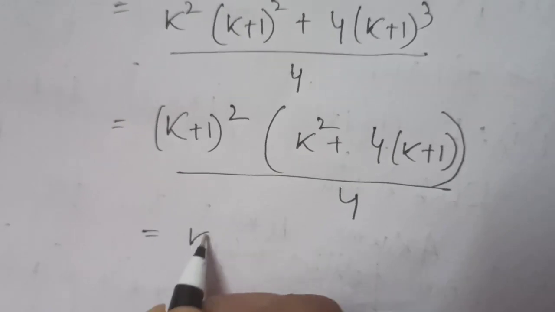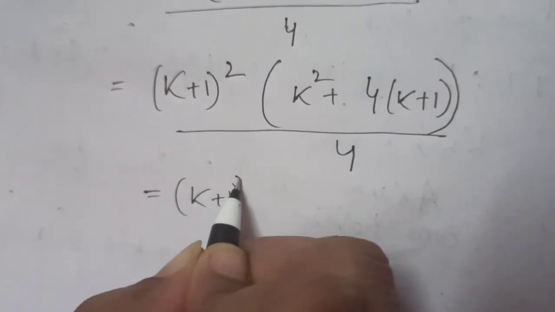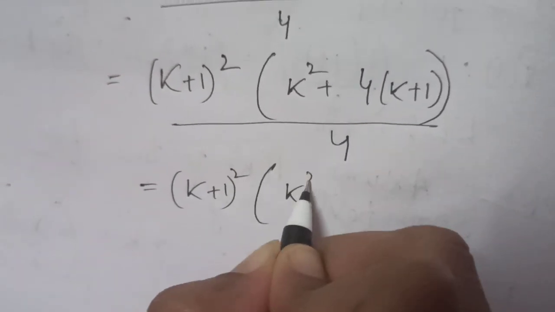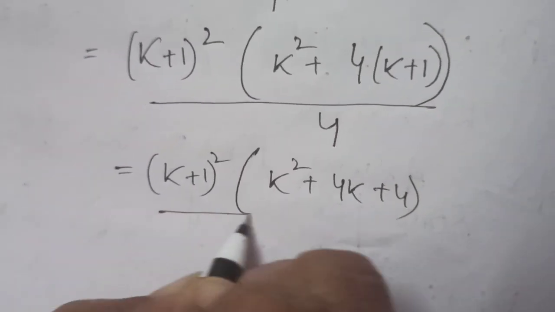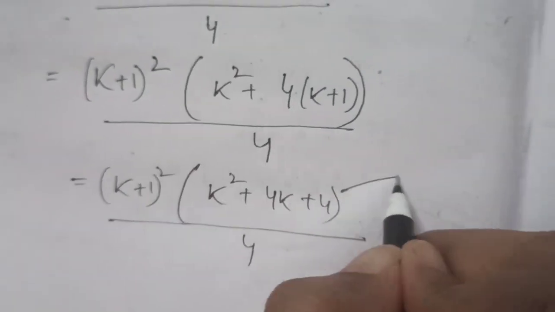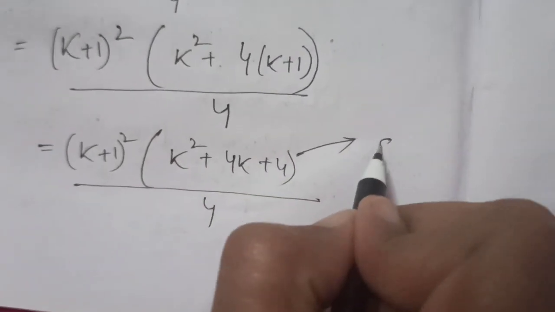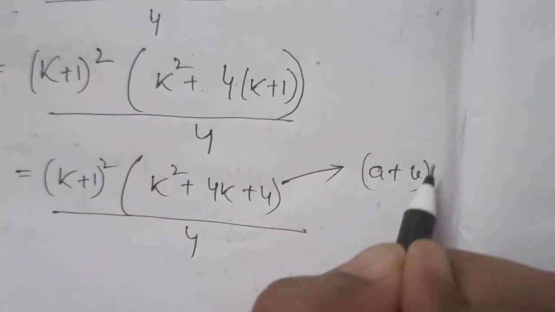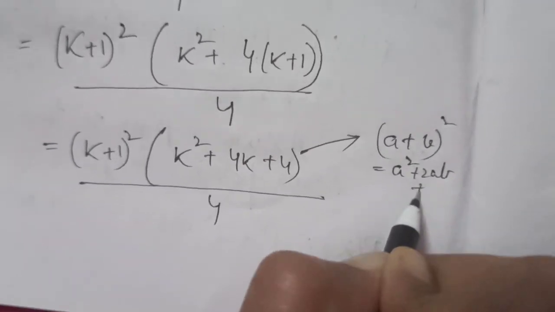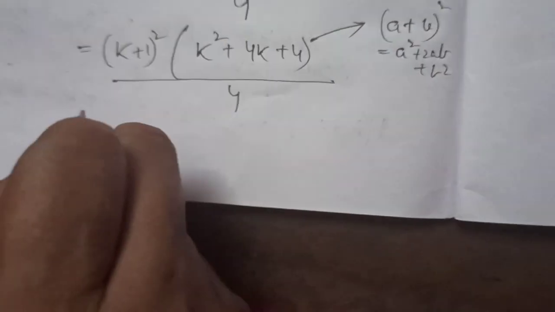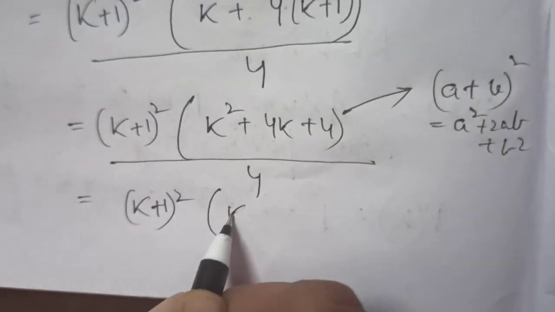The same I can write k plus 1 whole square, and when I am opening the bracket, k square plus 4k plus 4 by 4. This is in the form of a plus b whole square equal to a square plus 2ab plus b square. The same I can write k plus 1 whole square into k plus 2 whole square by 4.